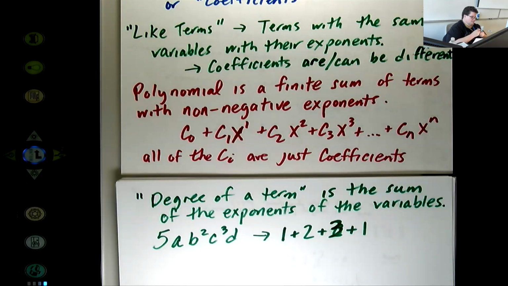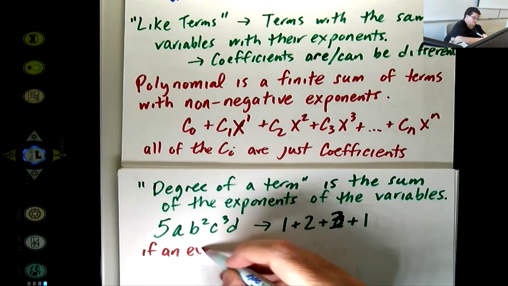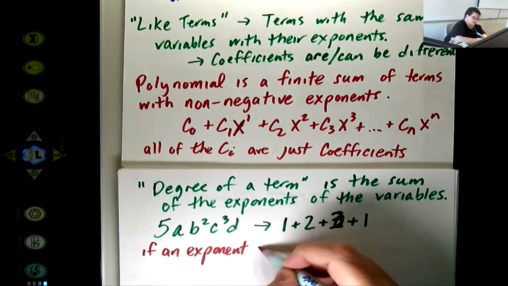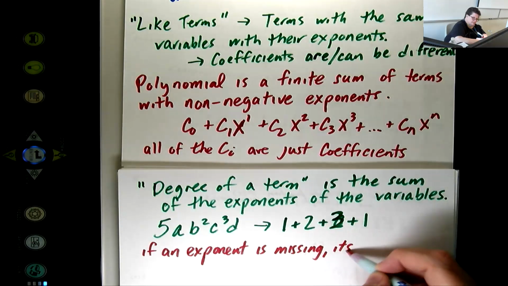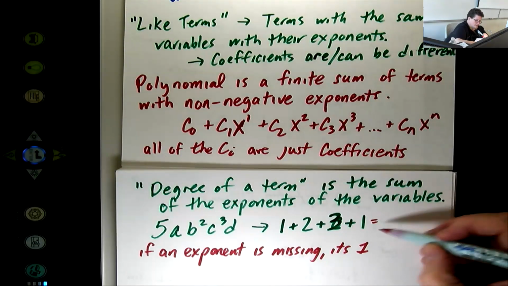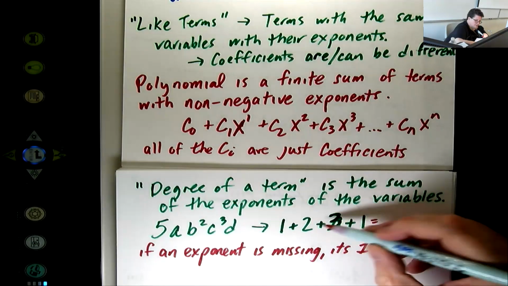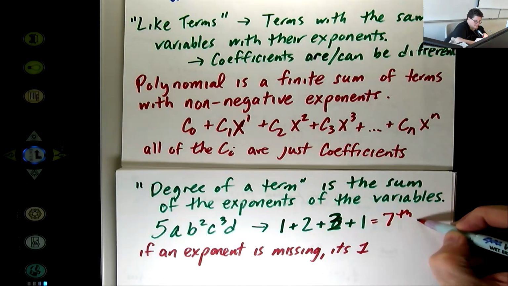If an exponent is missing, it equals 1. So I got 5 plus 2 is 7. This is a 7th degree term.